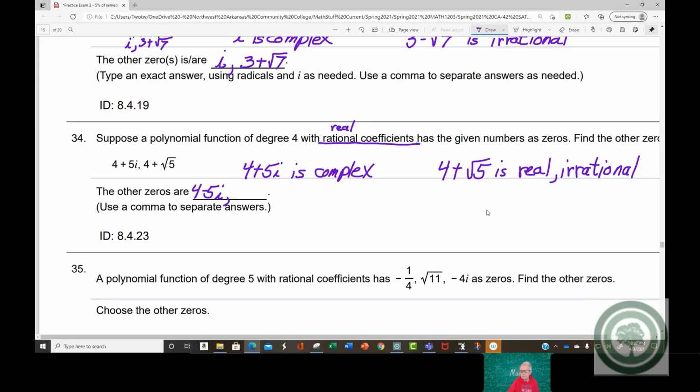There. So it has to be accompanied by its conjugate, 4 minus the square root of 5. So these are going to be the other zeros. All you have to do is list them with a comma between them.